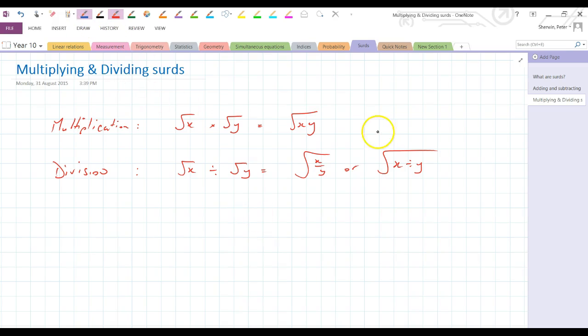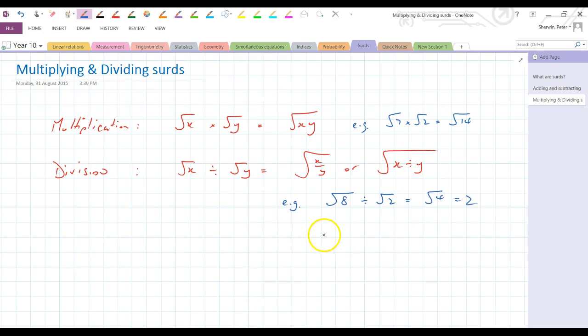So if you have a look at some examples, the one I just looked at, the square root of 7 times the square root of 2 is the square root of 14. They're going to get a little bit more complicated than that, but in essence that's what it's about. And an example here for division is the square root of 8 divided by the square root of 2 is the square root of 4, which is just 2.